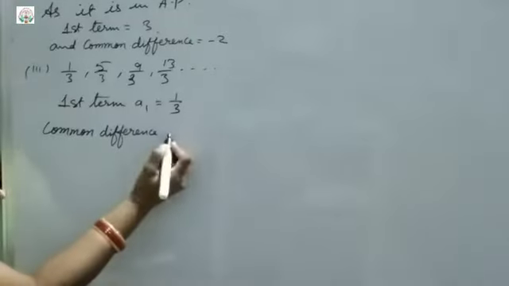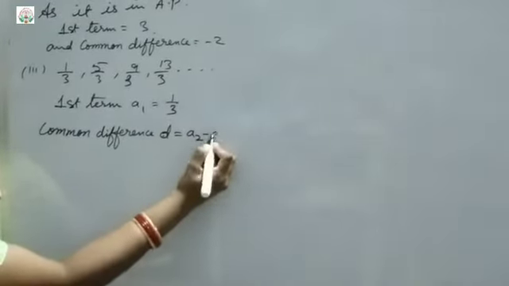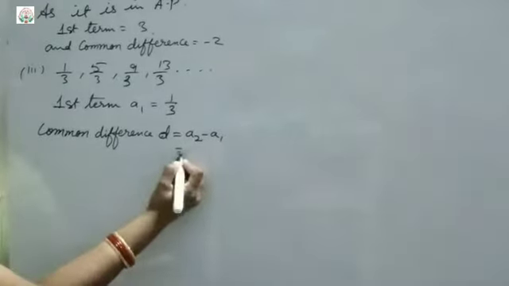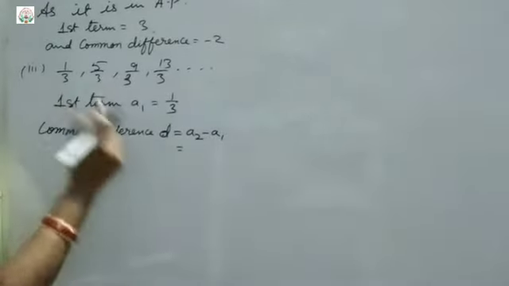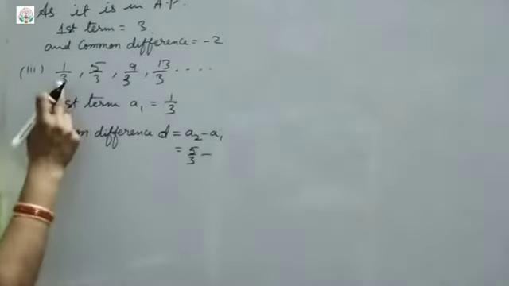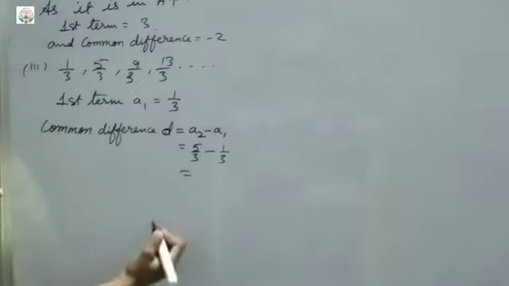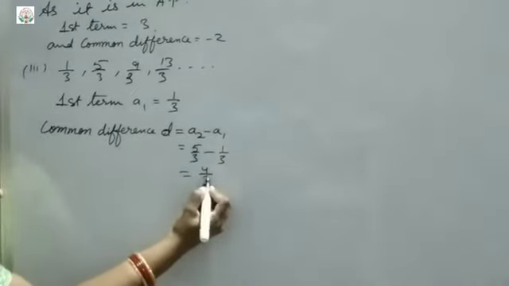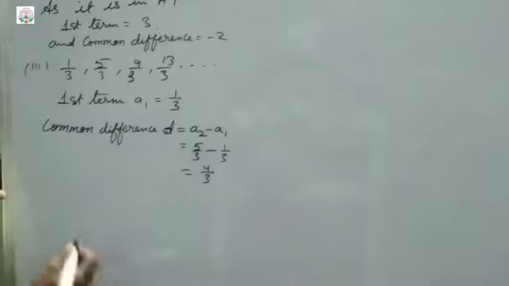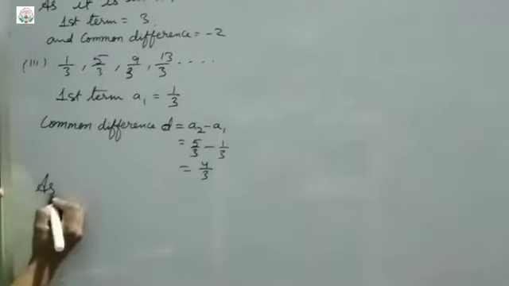So D equals A2 minus A1, which is 5 upon 3 minus 1 upon 3. When you subtract, you get 4 upon 3.